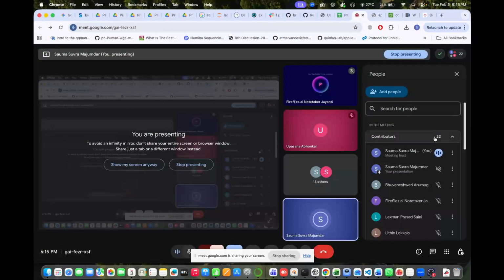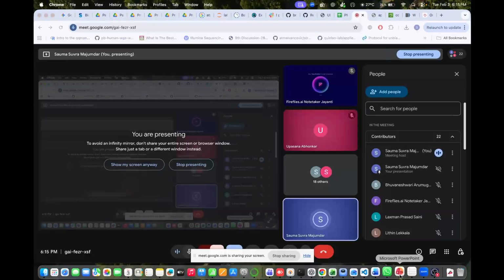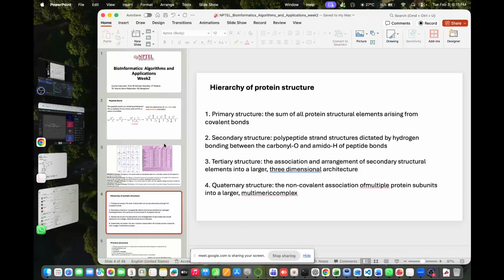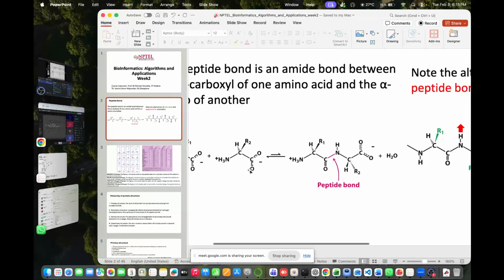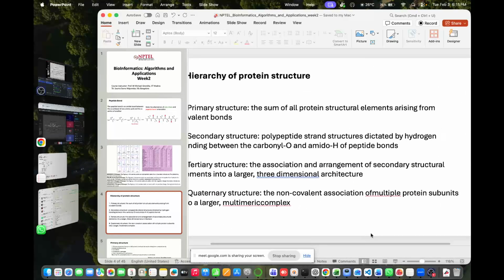I'll tell you why the double or the single bond is important. As you saw here, this is basically one single bond and one double bond, but this dotted line is given because there is resonance in this structure. One single bond and one double bond will give you a kind of one and a half bond, because of the resonance that is happening chemically in that region.